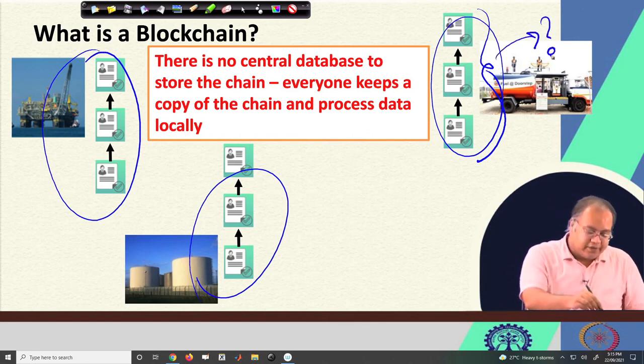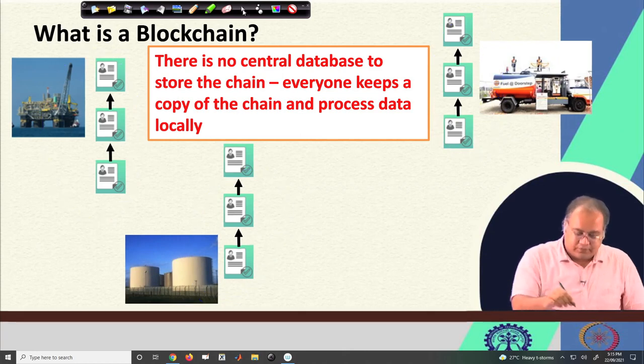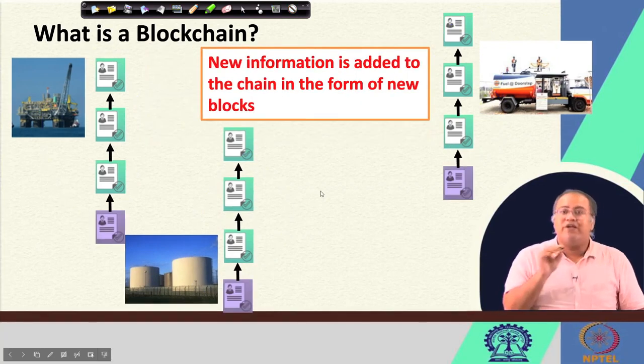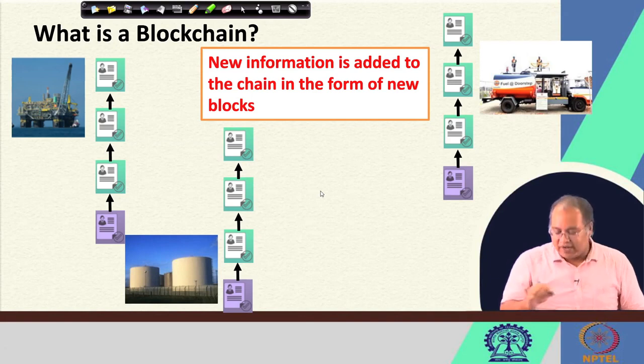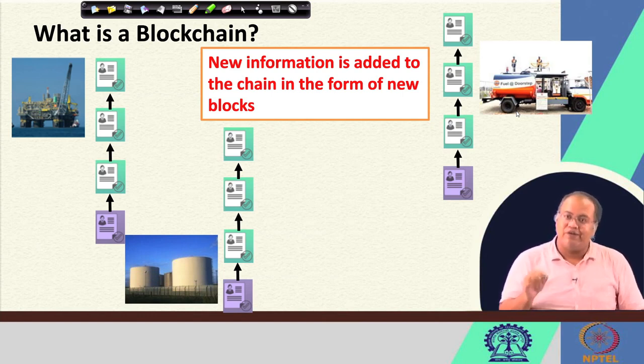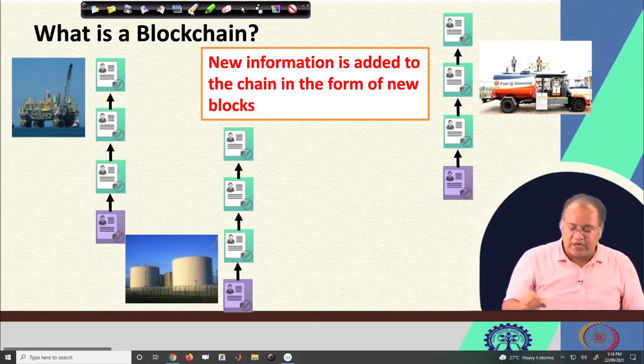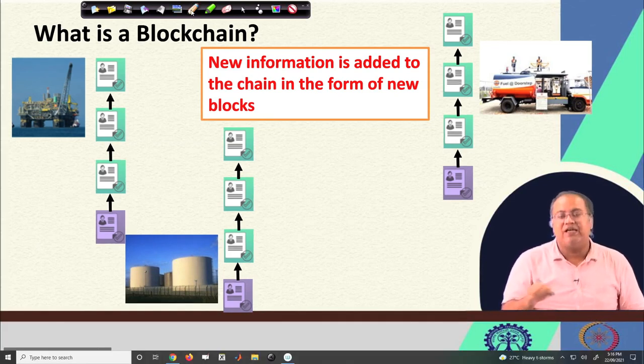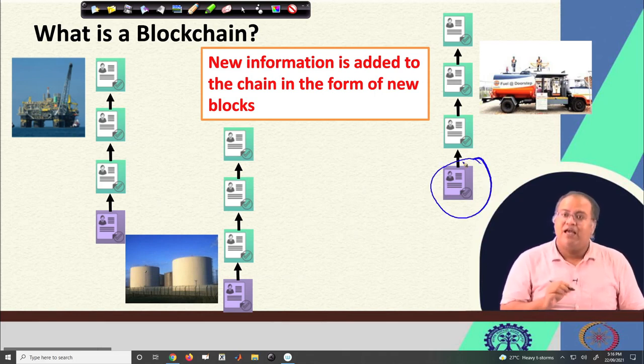Now, why do we call it a blockchain? You can think of it from this particular structure which is being shown here. Whenever we add new information to the existing blockchain, we add it in the form of a block. That means I am forming a block of information and then applying a certain technique to append this block to an existing blockchain.